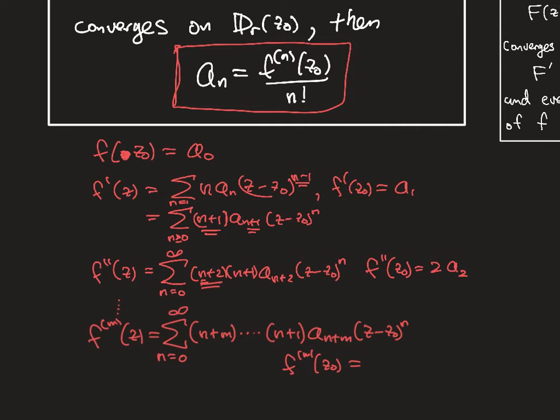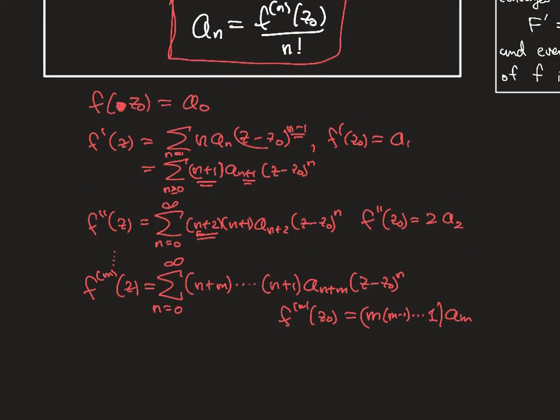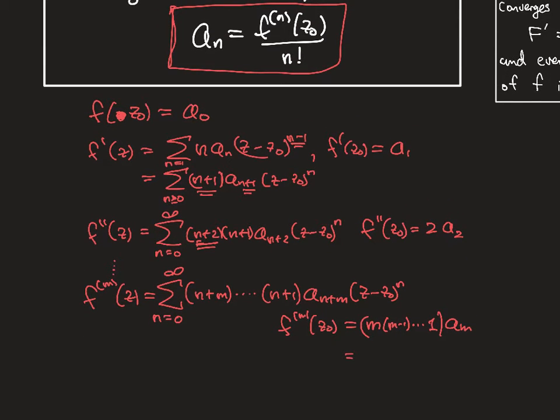Well, we're going to get the 0th term here, which will be m times m minus 1 all the way down to 1 times am. So we indeed get the formula m factorial am is equal to the mth derivative at z naught.